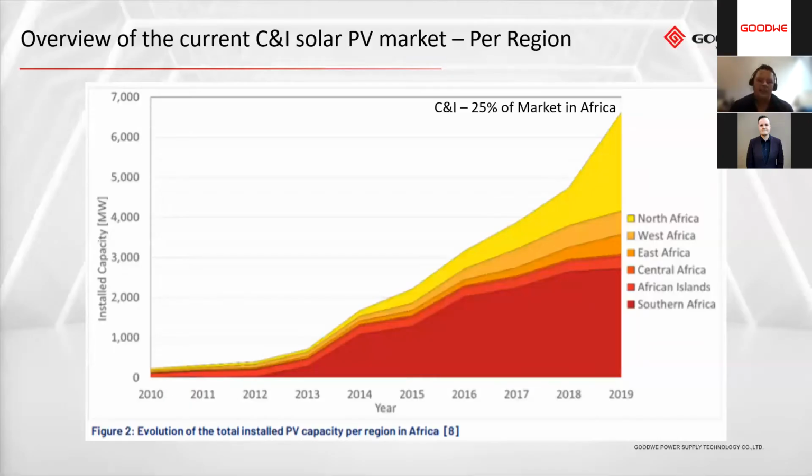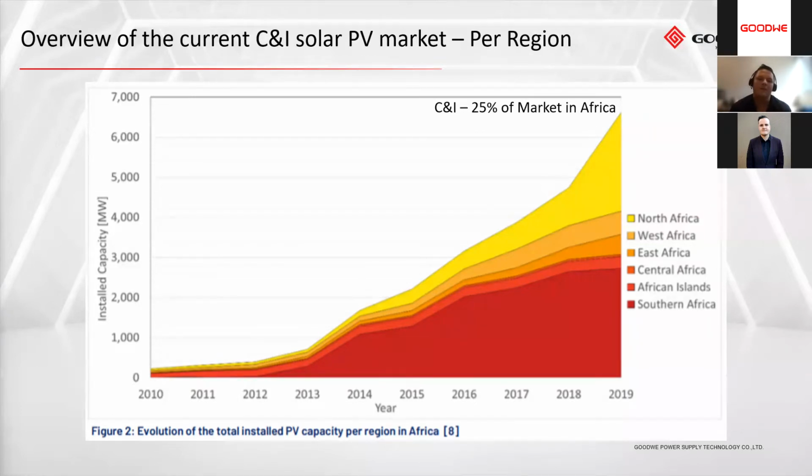All right, then looking at the overview of the C&I market per region. This graph is quite nice to look at as it splits the different parts of Africa. You've got Northwest, East, Central African islands, and Southern Africa. You can see that Southern Africa still makes up a massive portion of the market.